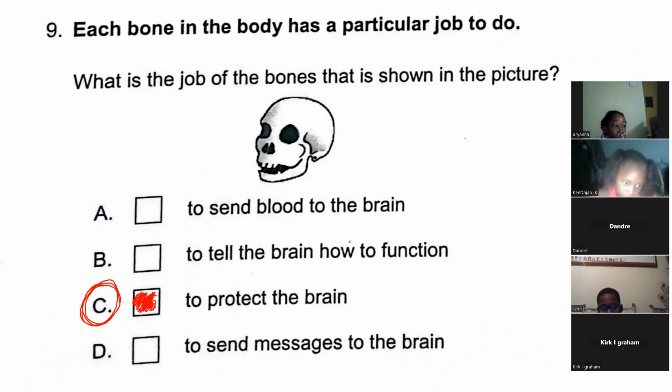The scientific name for the skull is the cranium. The cranium. Cranium is the scientific name for the skull. So, the job of the skull is to do what? To protect the brain. Very good, to protect the brain.